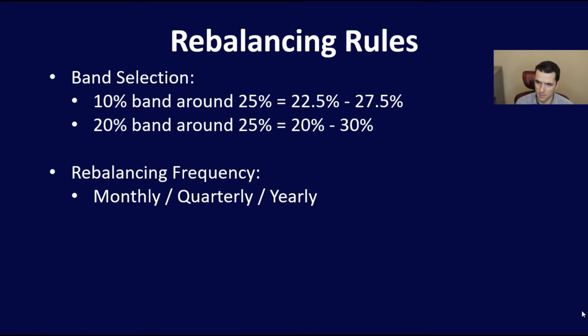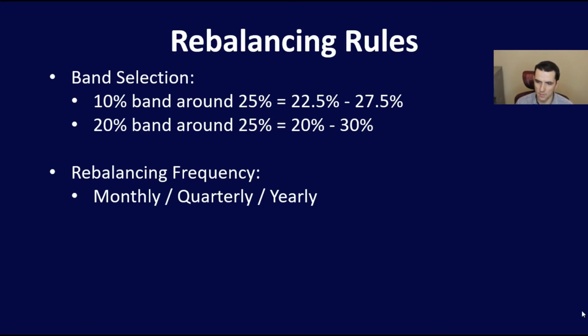And then, secondly, once you've chosen your bands, the rebalancing frequency is the next choice. So do you want to review your portfolio monthly? Do you want to review it quarterly? Do you want to review it yearly? Again, very much a personal choice, what your schedule allows for, how interested you are in checking it, all of those things.